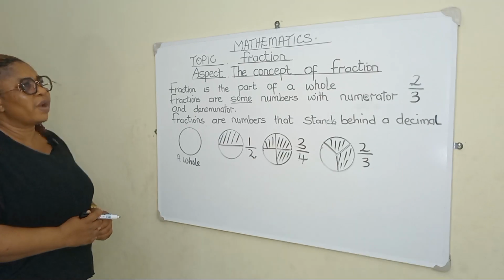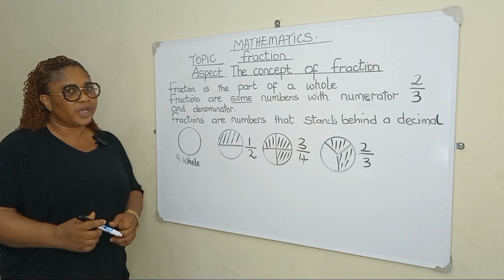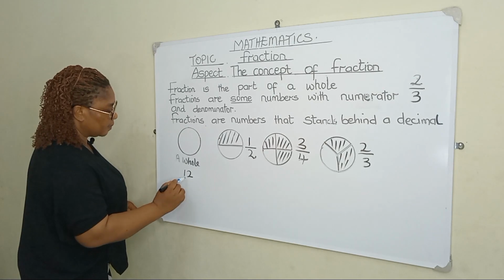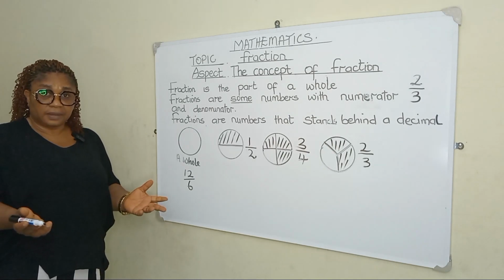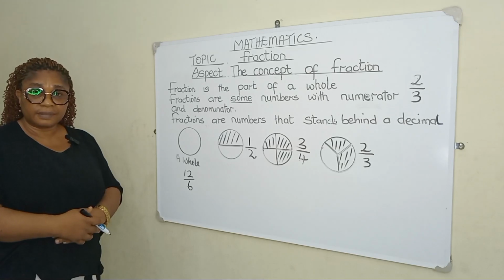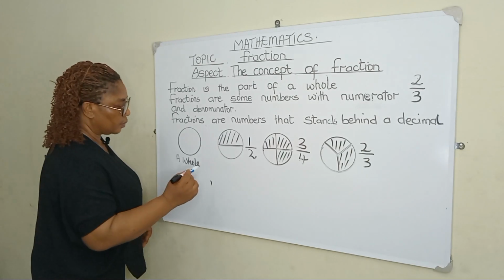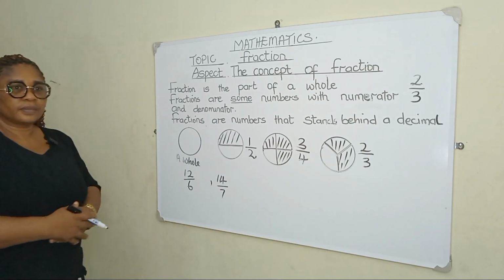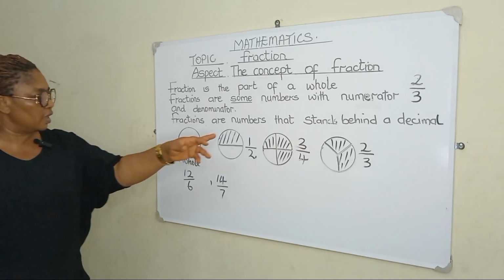There are times that we ask children to write examples of fraction, and they will begin to write something like this, since they know a fraction is an up and down number.